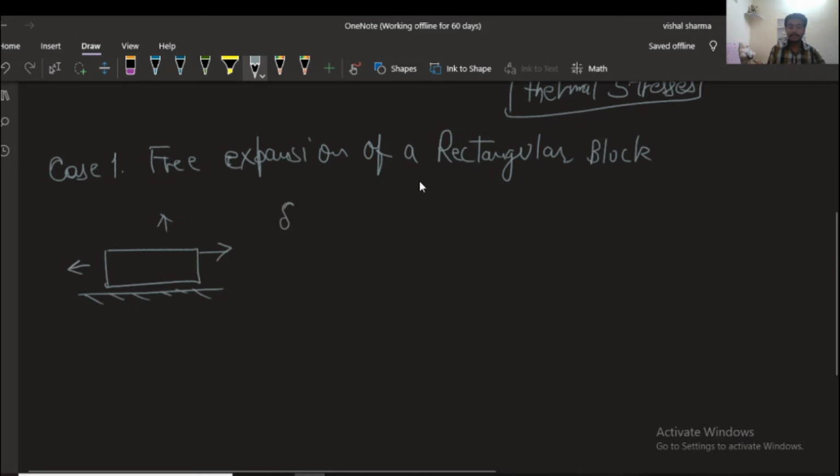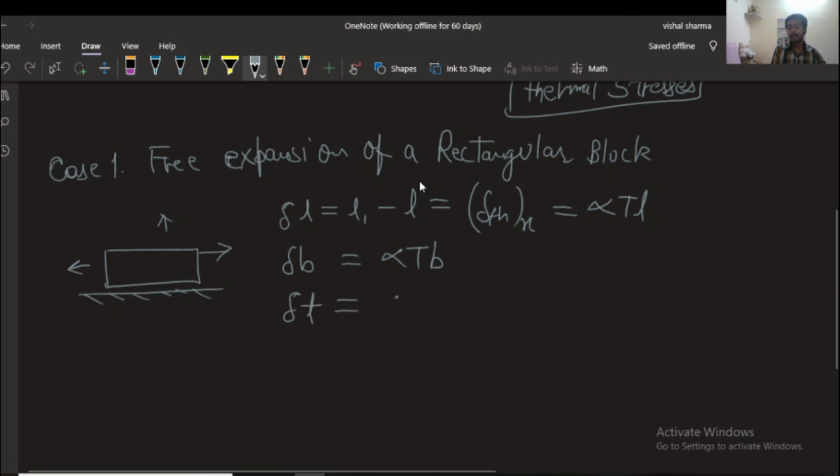So the change in length, L1 minus L, which is delta thermal in the X direction, is equal to alpha T L. The change in width, delta B, is given by alpha T B. The change in thickness, delta t, is given by alpha T into small t, where t is the thickness.